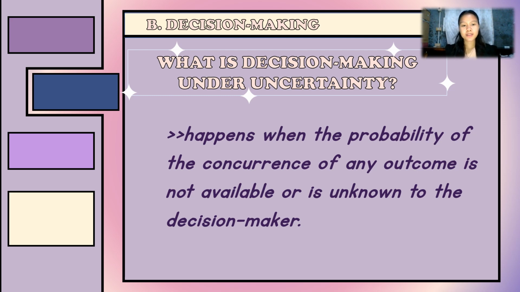So, sabi dito, decision-making under uncertainty happens when the probability of the occurrence of any outcome is not available and or is unknown to the decision maker. The decision is highly dependent on a particular criterion or the orientation of the decision maker.